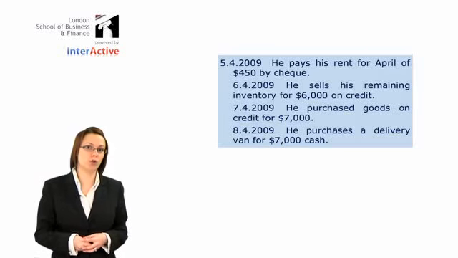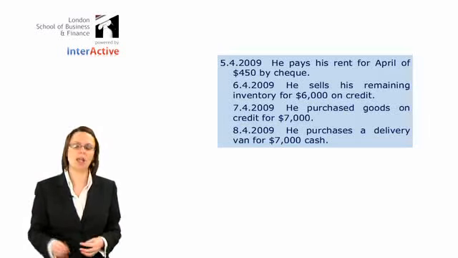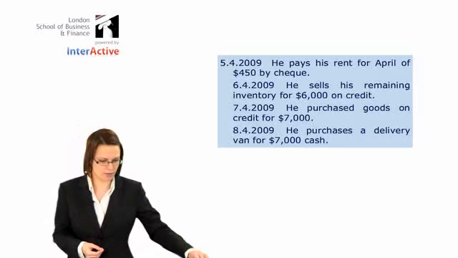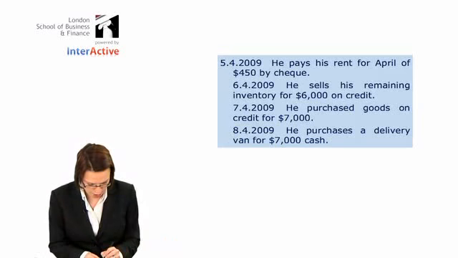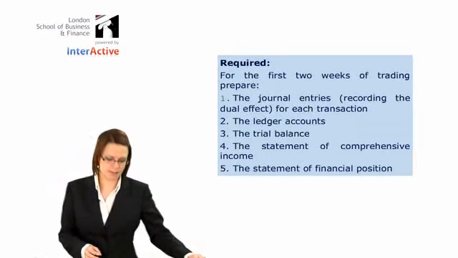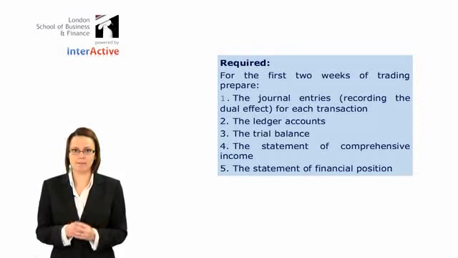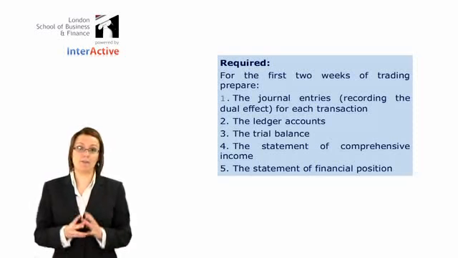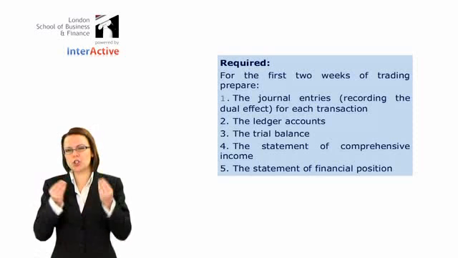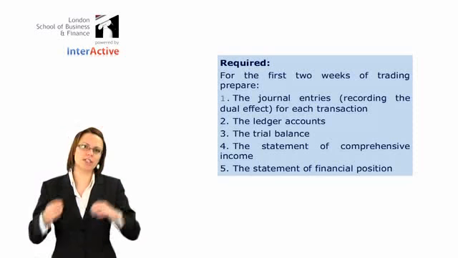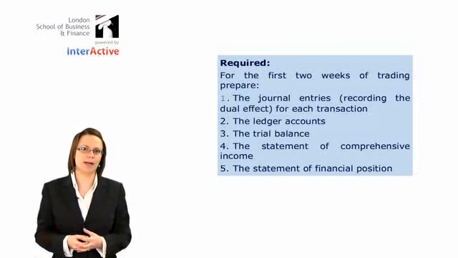We need to be able to record those transactions. So now let's have a look at the requirements for this question. The requirements. For the first 2 weeks of trading, prepare the journal entries for George, and the journal essentially records that dual effect we were talking about.